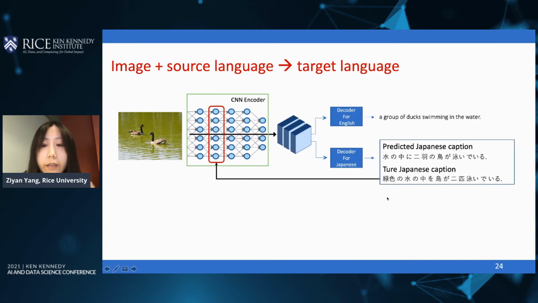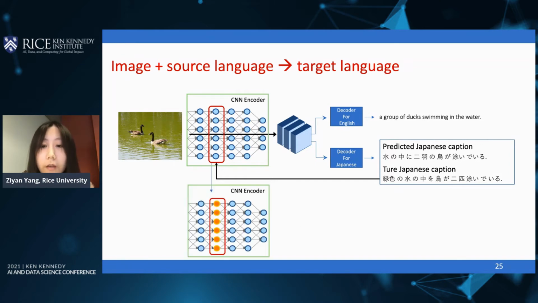Next, we calculate a partial loss between the predicted Japanese caption and the ground truth Japanese caption, and do backpropagation until the intermediate image feature in the encoder. We predict Japanese captions, calculate loss, and update intermediate image features iteratively. After several iterations, we get updated intermediate image features.